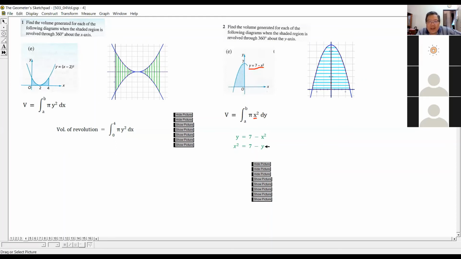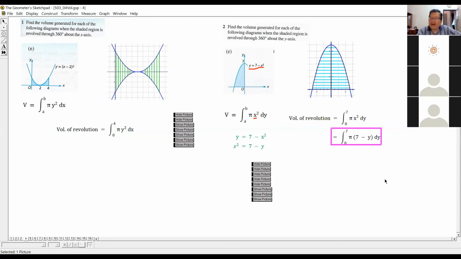Now if you look at this equation, it is already in x square, and here also they ask for x square. So what am I supposed to substitute inside the x square? I have to substitute the x square with 7 minus y.